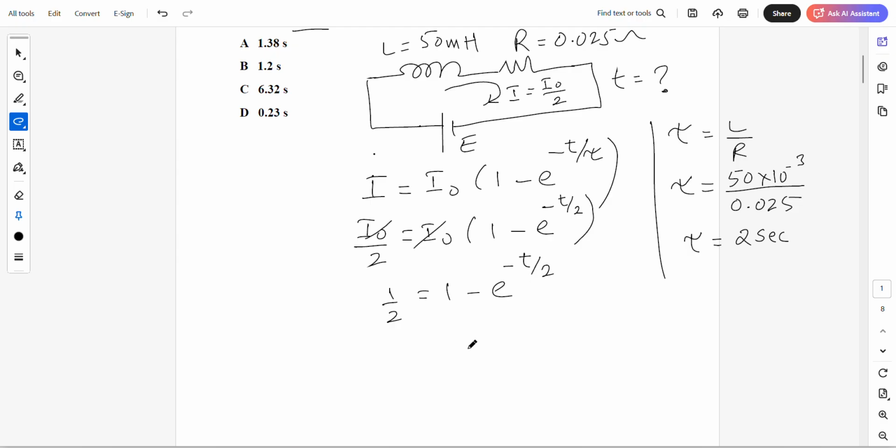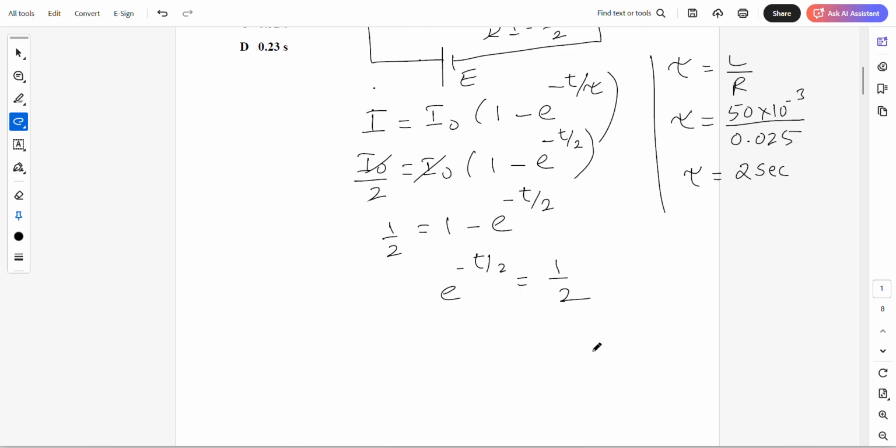So e to the power of minus t by 2 is equal to 1 minus 1 by 2, which is half. To simplify for t, I can take log on both the sides.